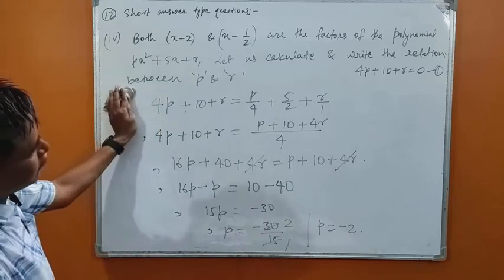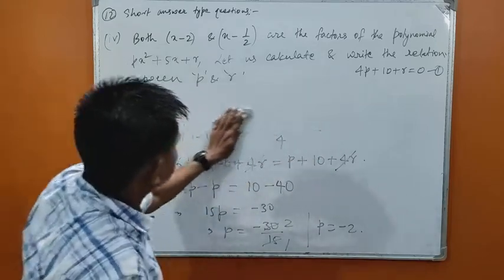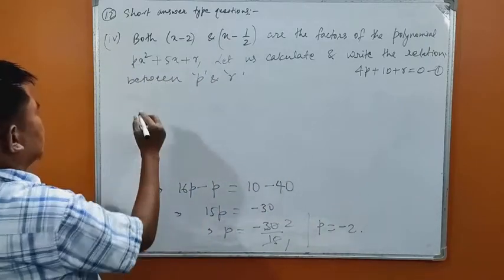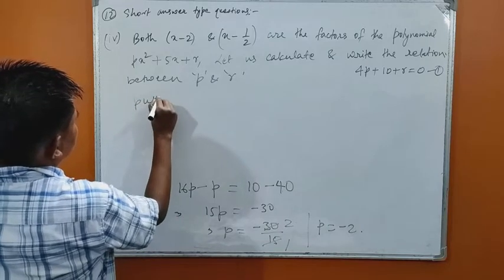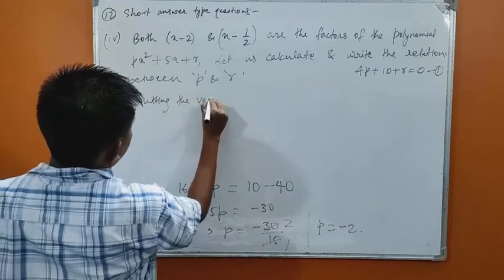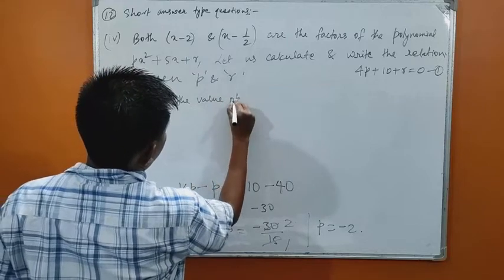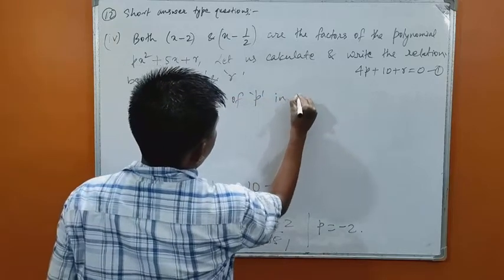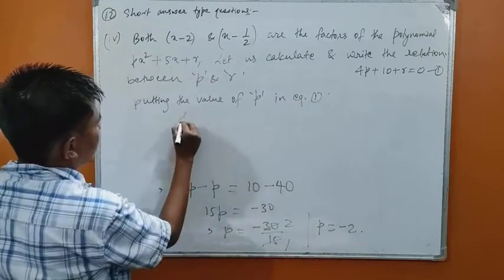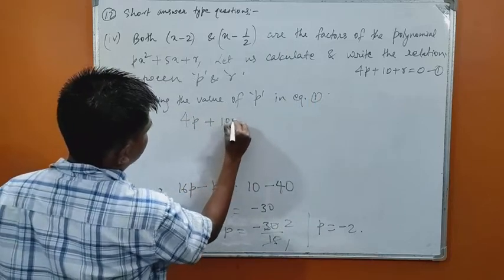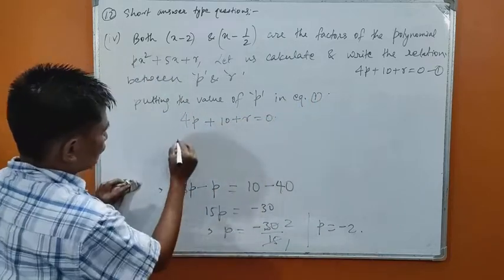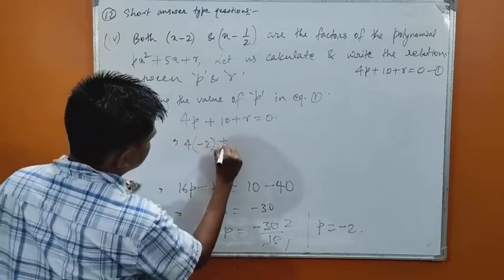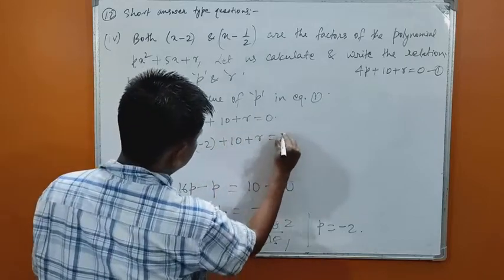Please take the screenshot. I am going to find the value of r as well. Okay. Putting the value of p in equation 1, we have 4p plus 10 plus r equal to 0, or 4 into p, where p is minus 2, plus 10 plus r equal to 0.